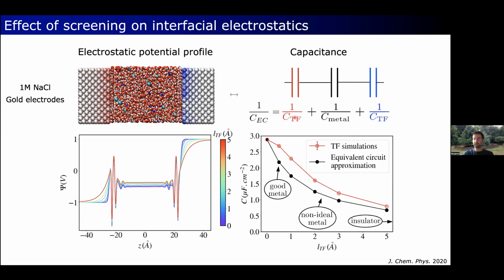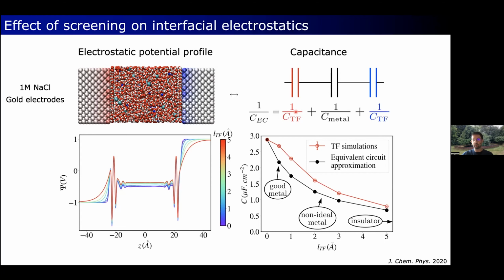Thomas Fermi screening length. Here are results in red from the Thomas Fermi simulations, and in black the prediction of an equivalent circuit approximation, where you take the results of a perfect metal and combine that in series with something that describes the screening inside the metal.